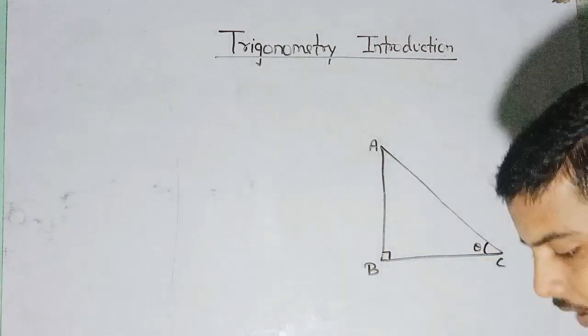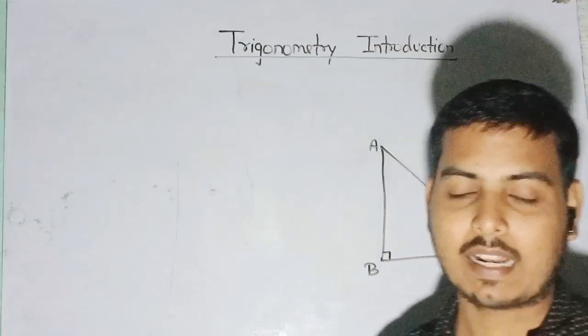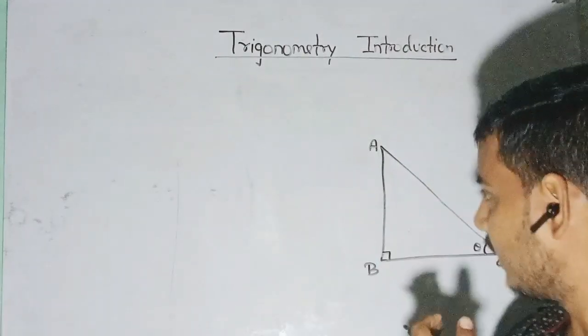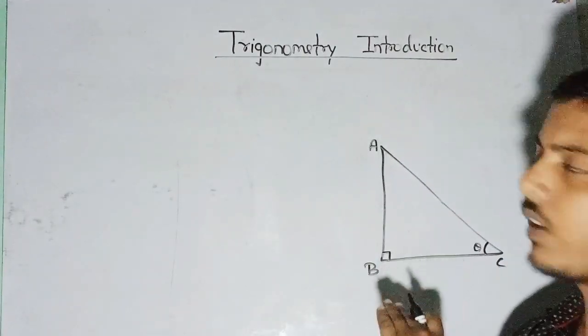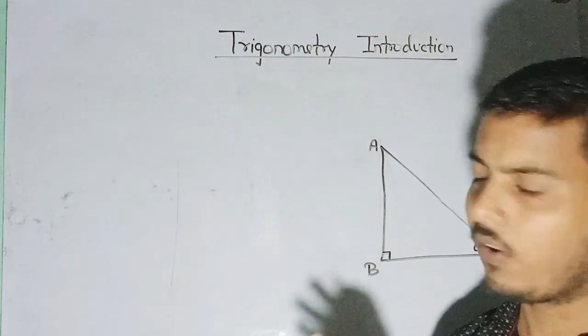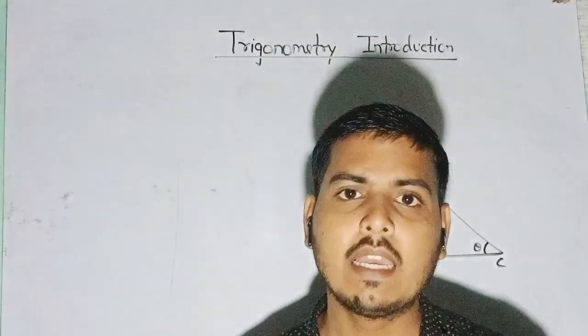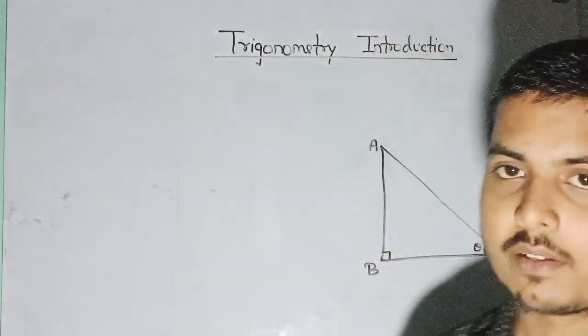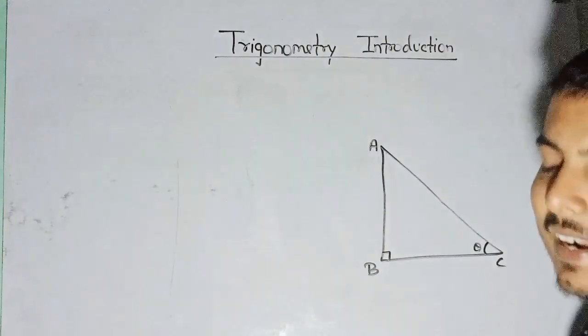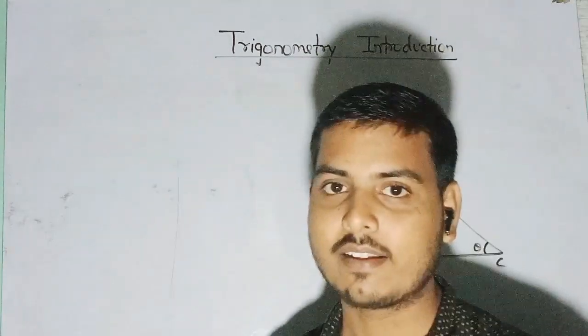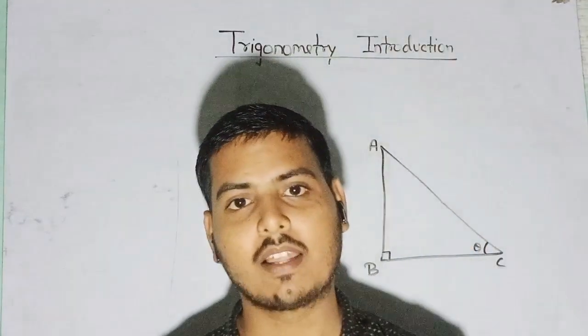Okay, so first question will arise in our mind: is it applicable for all triangles? No, it is only applicable for right angle triangle. Okay, so what is a right angle triangle? The question will arise in your mind.